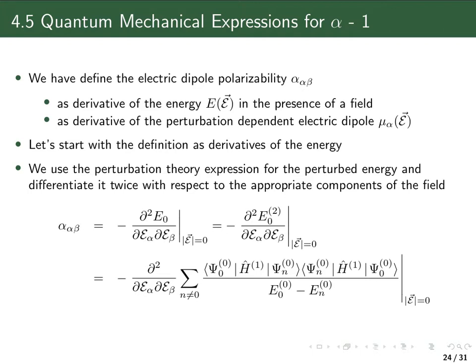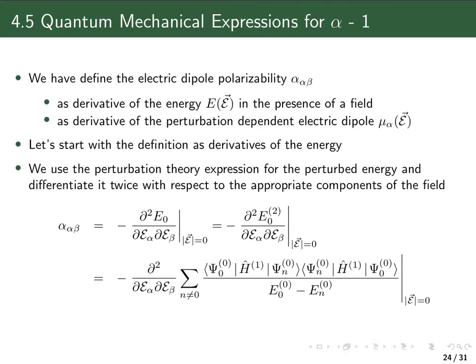Now, since the polarizability is defined as the second derivative of the energy with respect to components of an electric field, evaluated at zero field strength, the only term which actually survives taking the derivatives is the second order correction to the energy.